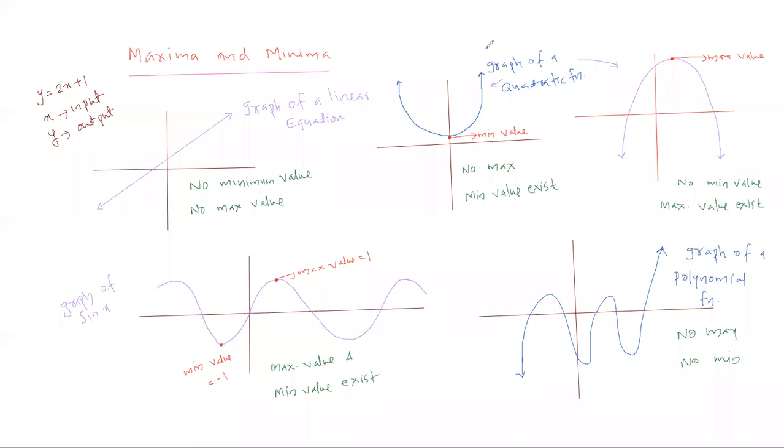So first we will discuss some problems of this type. Question is, find the maximum and minimum values, if any, as a hetu of the following function.